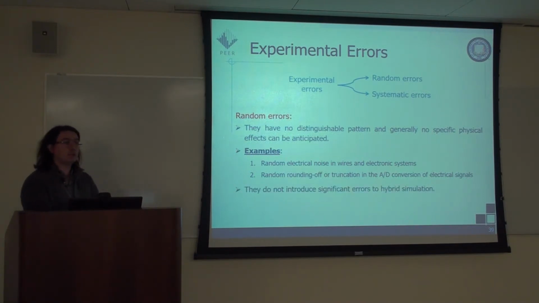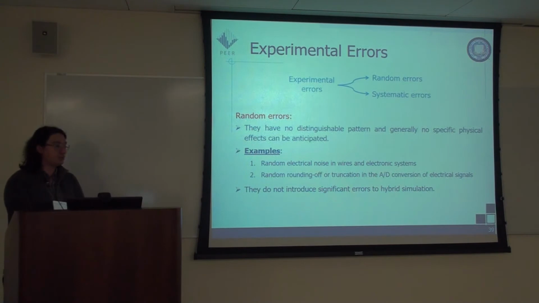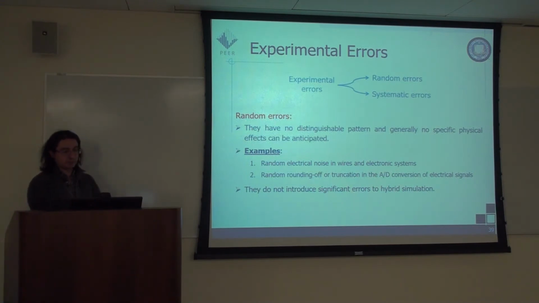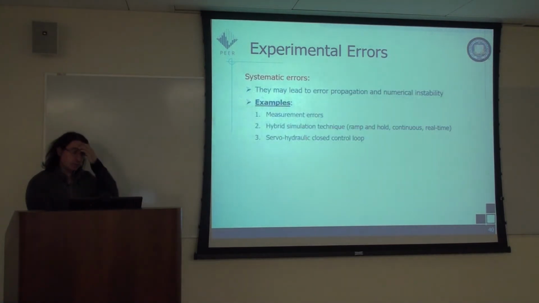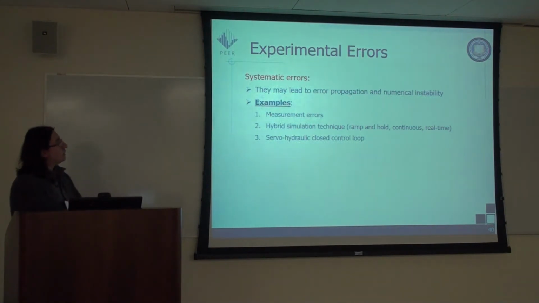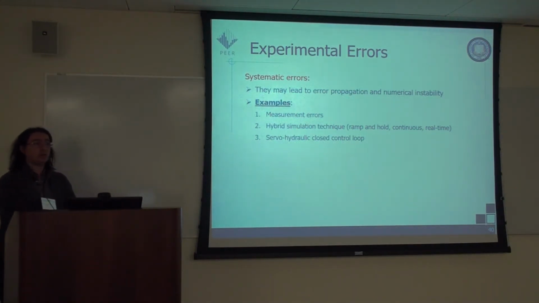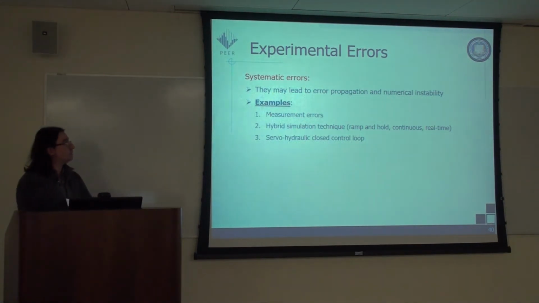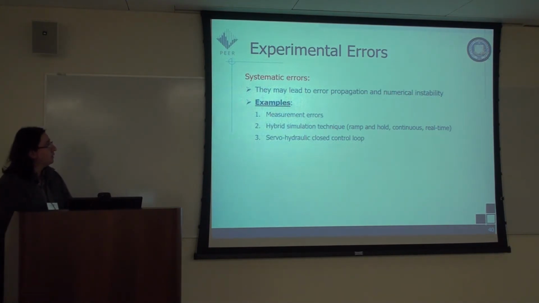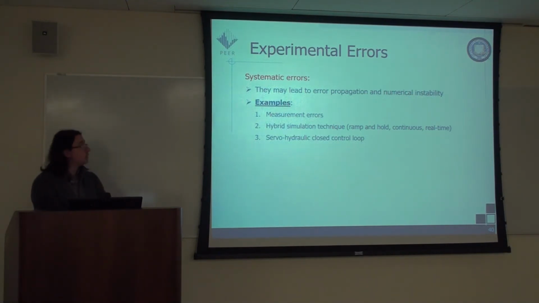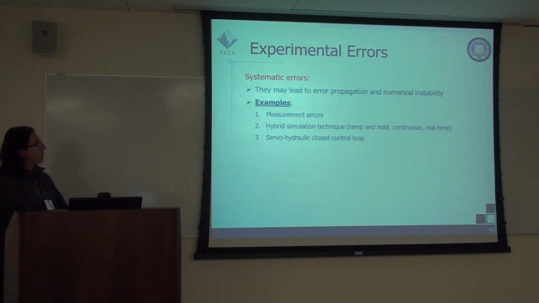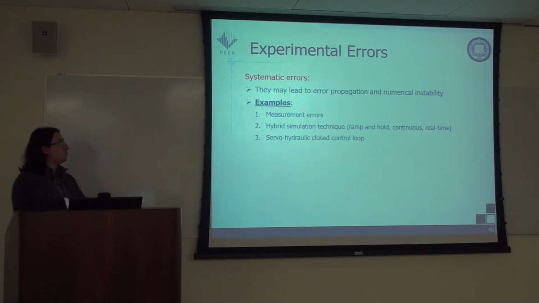Generally, these do not introduce significant errors to hybrid simulation. On the other hand, the systematic errors are important, and they may lead to error propagation and even numerical instability. Examples of these are the measurement errors, the errors due to the hybrid simulation technique, and the servo-hydraulic closed control loop errors.